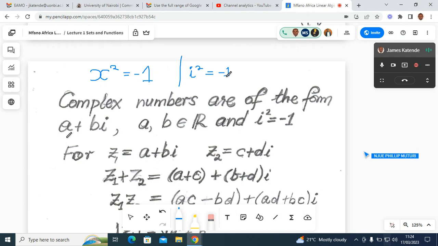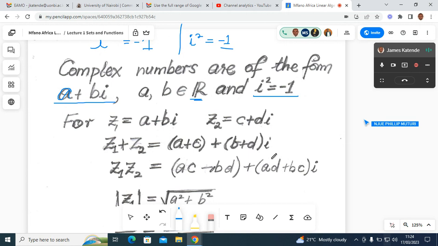Once we introduce this, we can write out new types of numbers called the complex numbers, which are written in the form a plus bi, where a and b are both real numbers, and of course i squared is -1. So this allows us to get square roots of negative numbers.